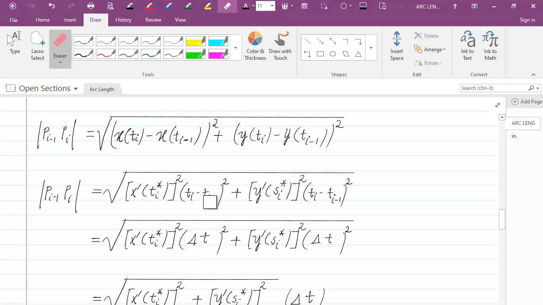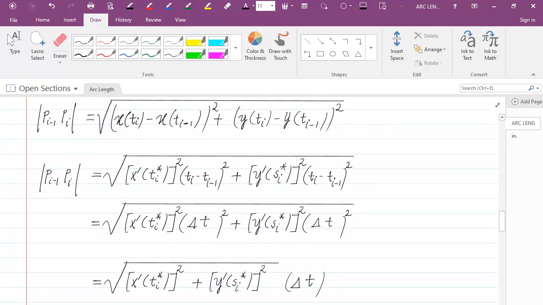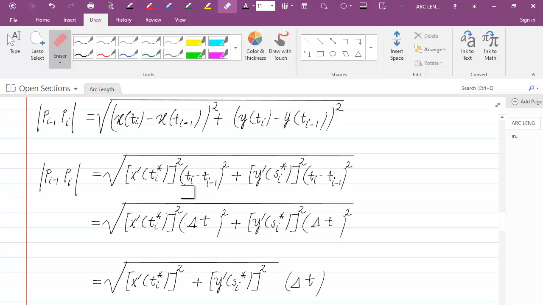Now at this stage, I am going to replace t_i - t_{i-1} by delta t. That is, I'm letting delta t to denote this difference. So this would be my delta t here. So this is what we get. And actually, let's make it delta t_i.